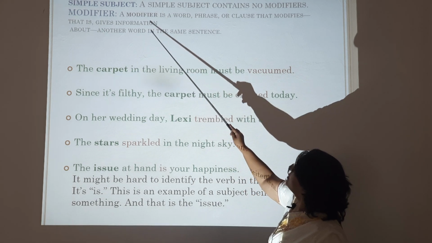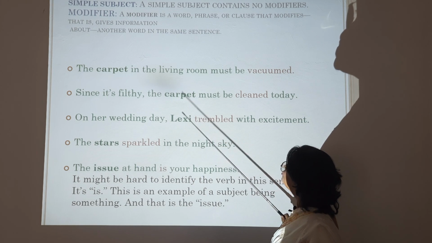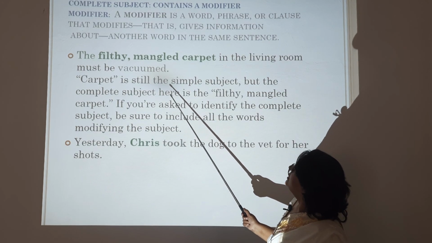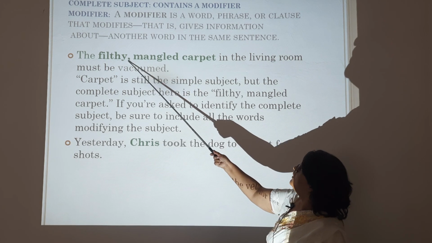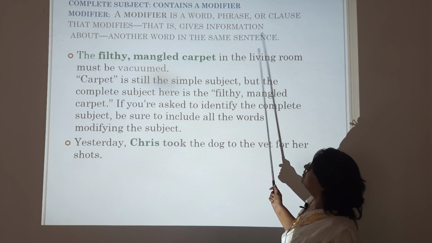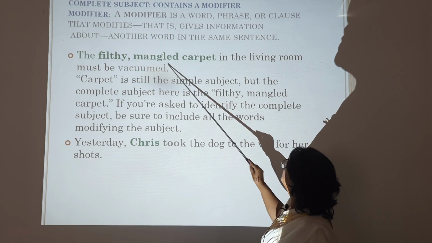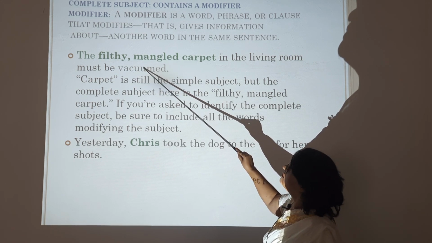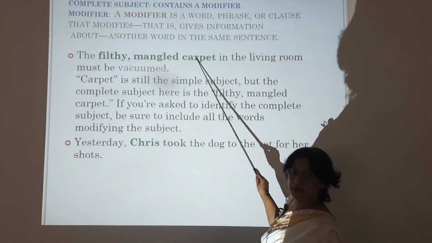Now I was talking about the simple subject. All of these are simple subjects, which do not have a modifier. To make things better, let's have a look at this particular example. The filthy mangled carpet in the living room must be vacuumed. Look at this. What must be vacuumed? Vacuumed is the verb, but what must be vacuumed? Is it just the carpet?